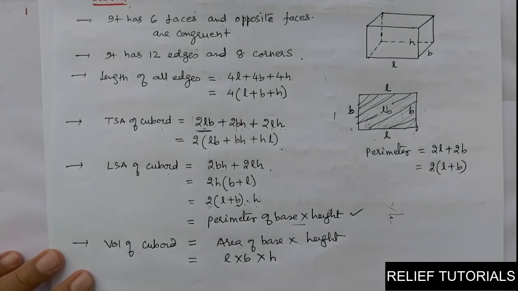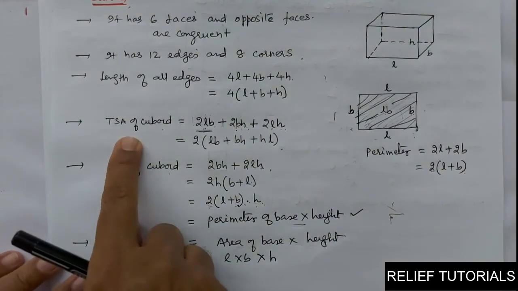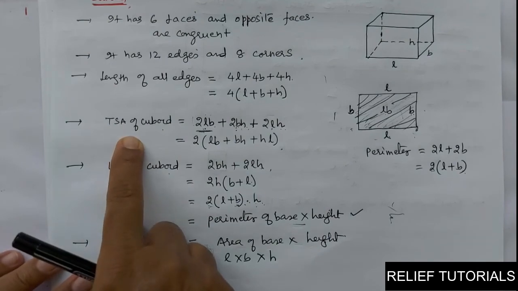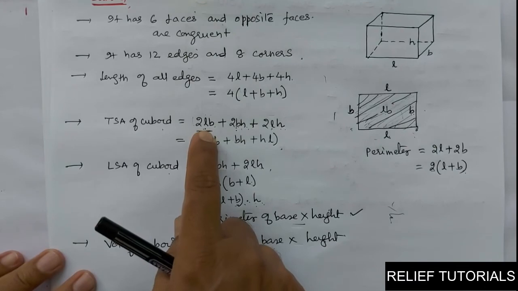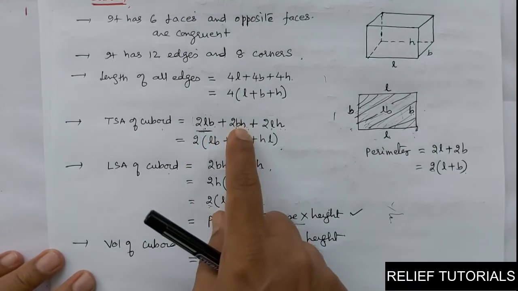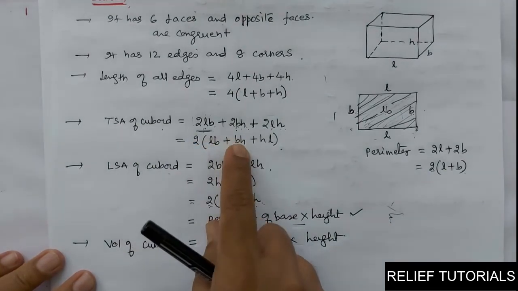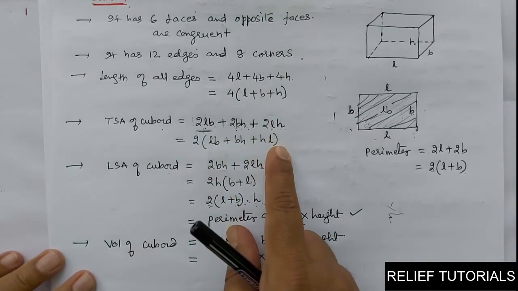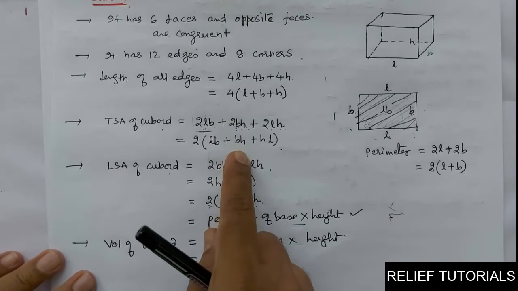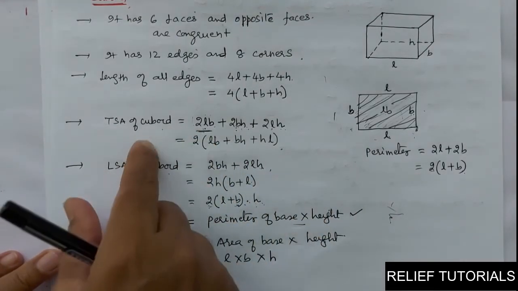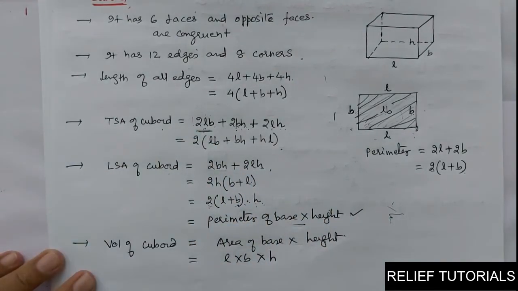So what in short you have to remember: when I talk about the total surface area of a cuboid, you have to consider the area of all 6 faces. The area of 2 faces, top and bottom, is LB each. The area of the remaining 4 faces is 2BH plus 2LH. So it is 2 times LB plus BH plus HL. Very easy to remember. Don't mug up the formula. Try to understand: when I say total surface area of a cuboid, you have to consider the area of all 6 faces.